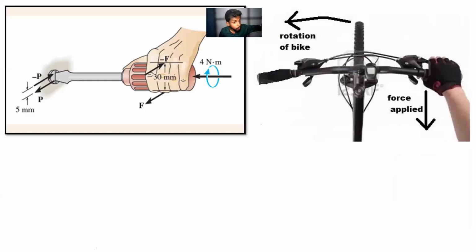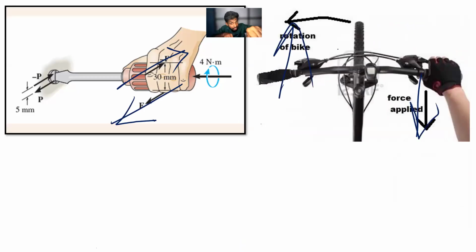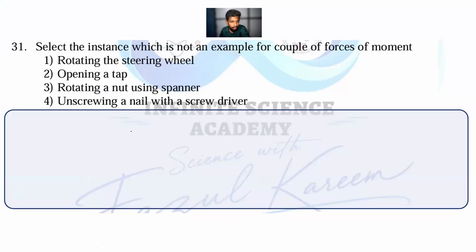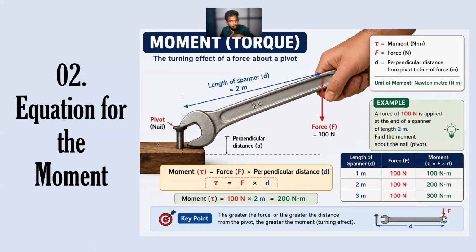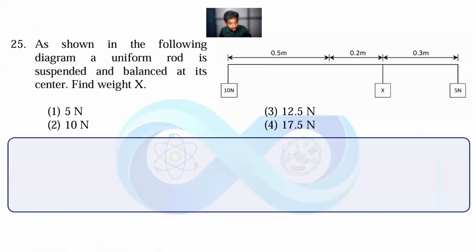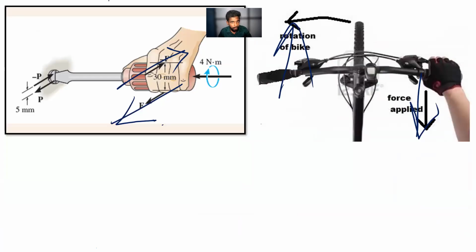Am I right or wrong? In a screwdriver, one force is here, one force is here. In a cycle handle, one force will be like this and one force will be like this. Did you get that idea? This is couple of force. But in the spanner, what will happen? In the spanner, you will be applying only one force, right? So this is not couple of force. This is moment, just simple, not couple of force. Couple of force means we want to have two forces. Is it clear, my dear? Sri? Yes, sir. Okay, fine.